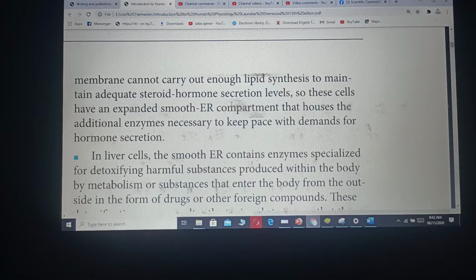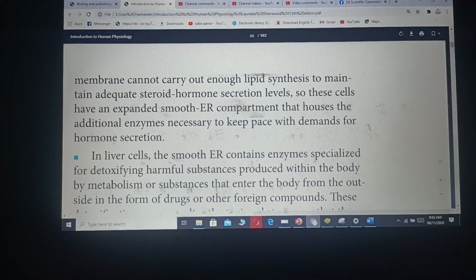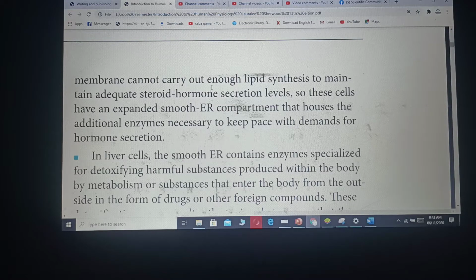Actually, smooth endoplasmic reticulum plays an important role in steroid hormone secretion. And these steroids are lipid in nature. So their biosynthesis occurs at the smooth endoplasmic reticulum, and rough endoplasmic reticulum lipid synthesis doesn't meet the quantity of the hormone which is required for the normal function of the body.